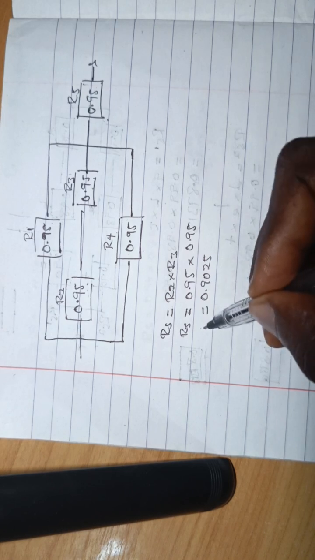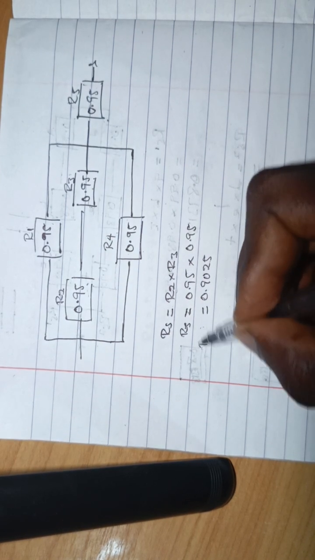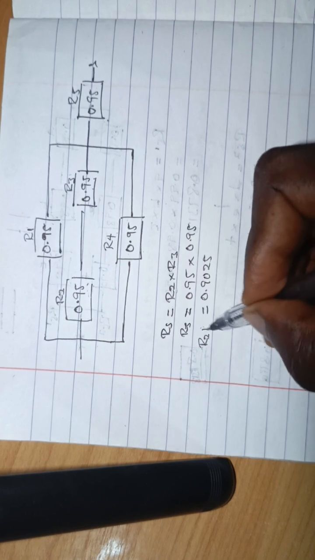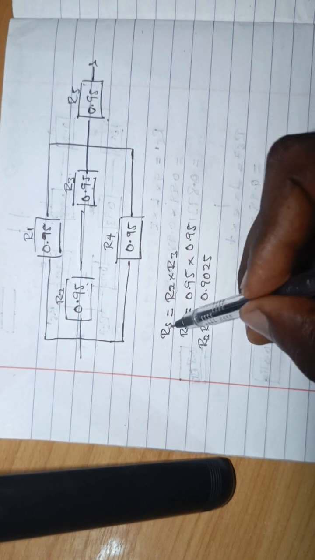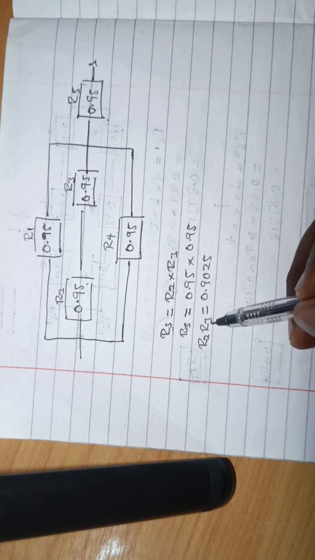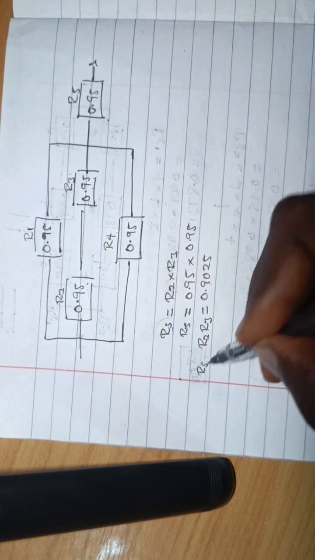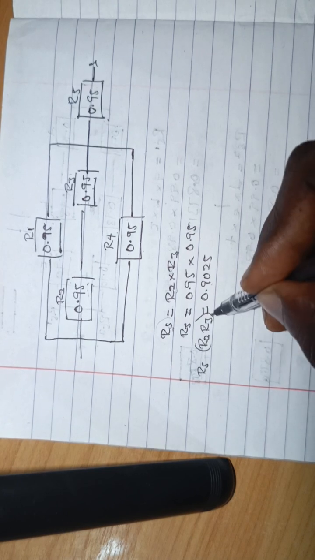This answer becomes a combination of R2 and R3. So the answer is your R2, R3 put together. That is your system reliability for this.